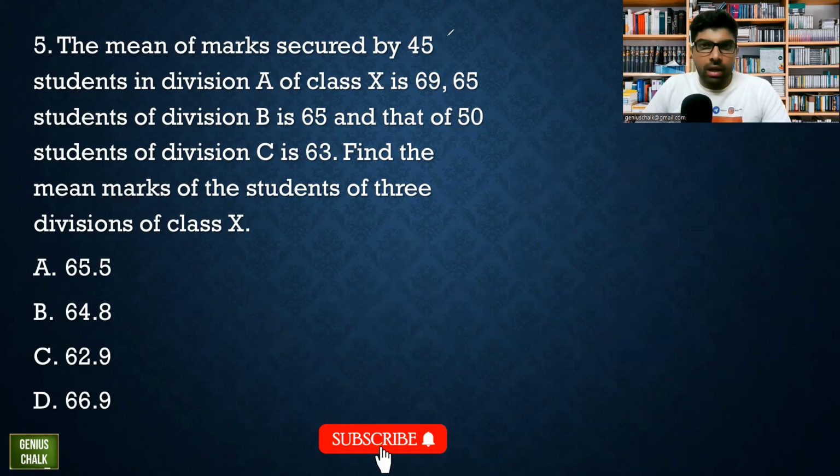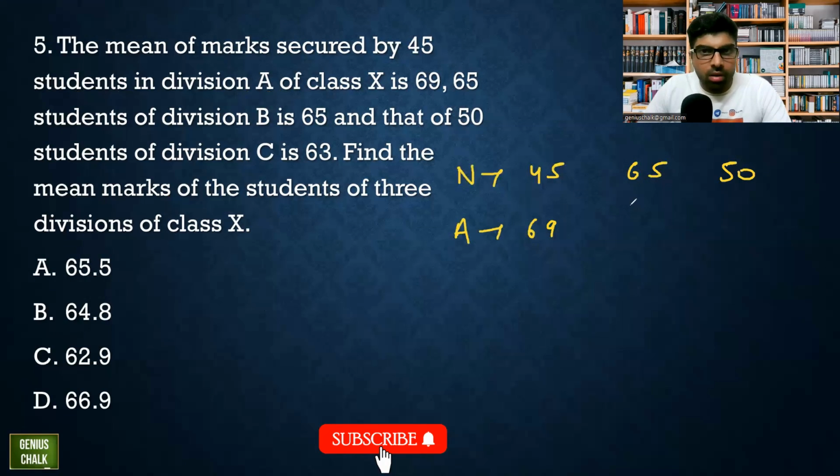So what happens in that, we see the number of people ratio 45, then 65 and 50, then the averages 69, then 65, and then 63.